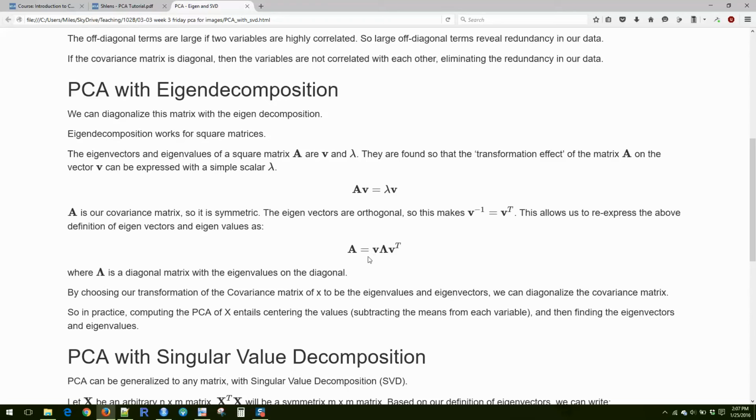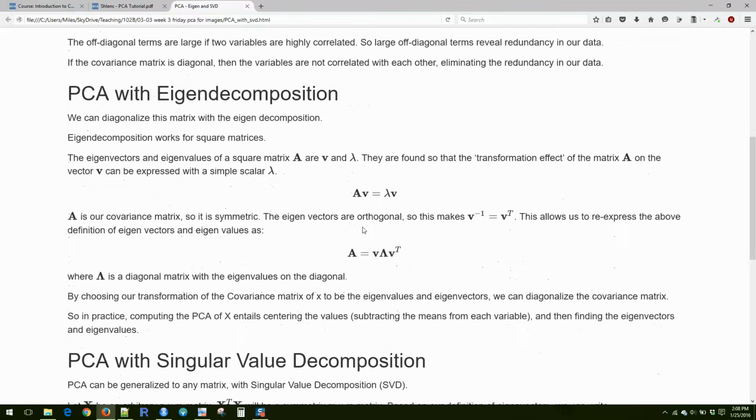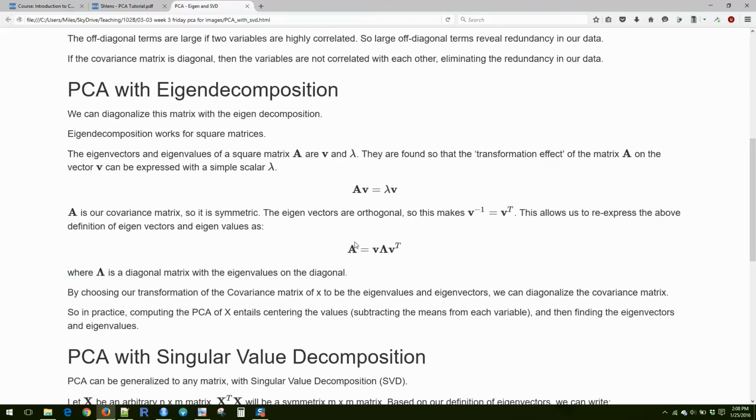Okay, and so we have basically decomposed a square matrix A into V lambda V transpose, okay, V transpose being the inverse of V, which is orthogonal. Okay, and so this is the eigen decomposition that we talked about on Friday that can be applied to square matrices, which is our covariance matrix or correlation matrix. Okay.